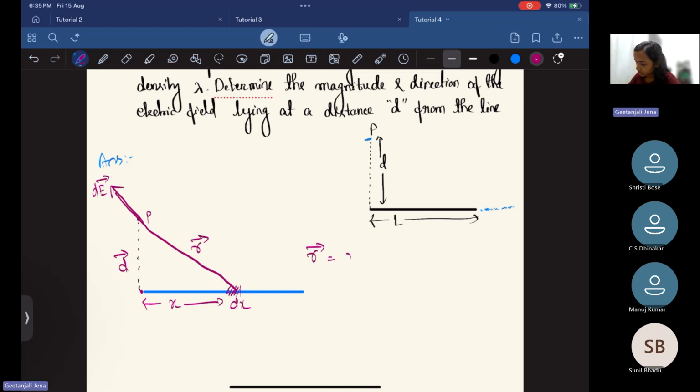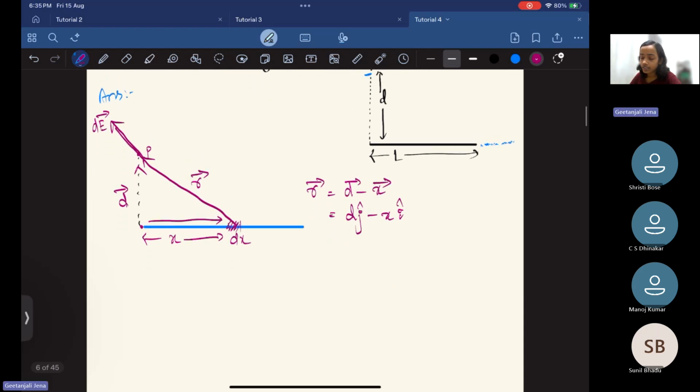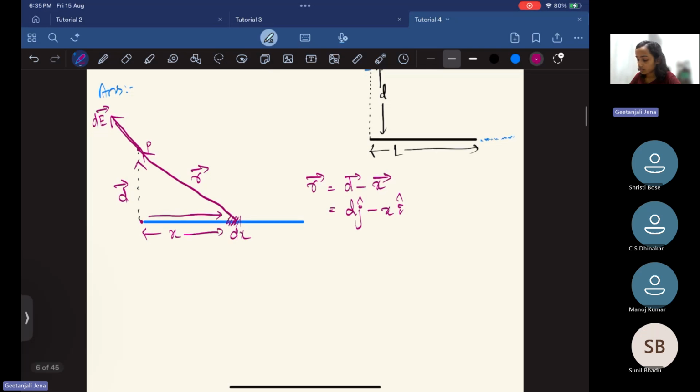So R is nothing but d j cap minus x i cap. Always take the coordinates in terms of the right hand coordinate system because it's mostly used. The left hand coordinate system can also be used, but we are not using it. We are sticking to the right hand coordinate system.